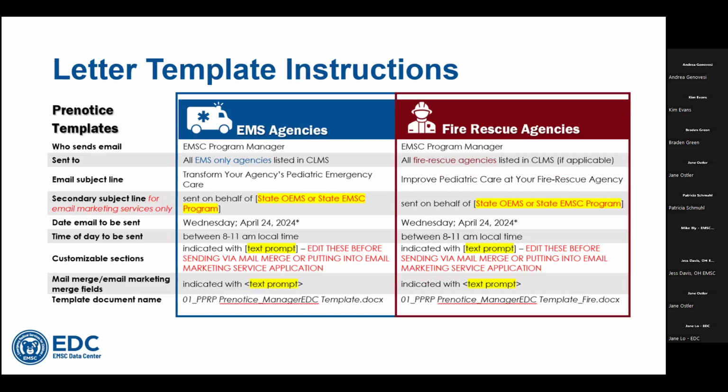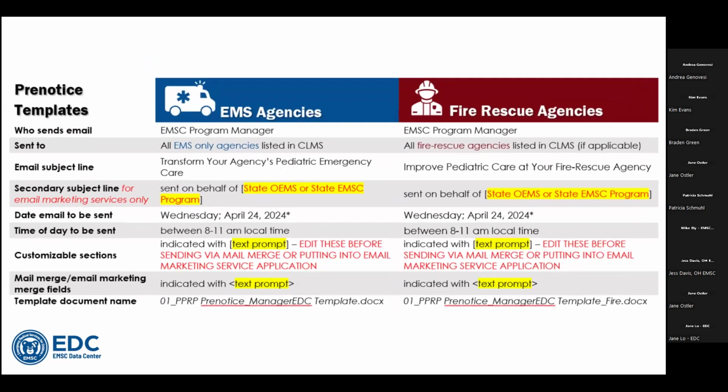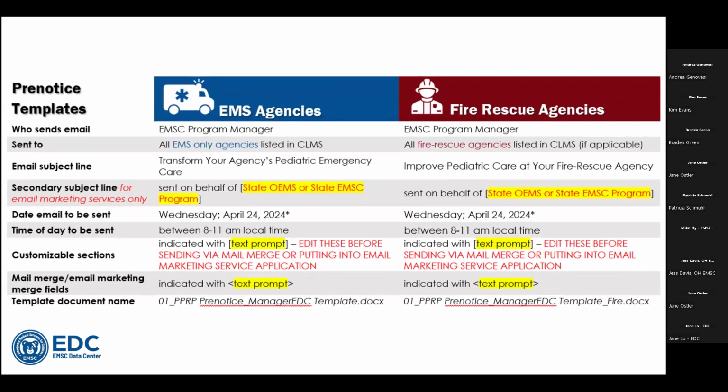And on the far right column, you can see there are different instructions for fire rescue agencies. So let's take a closer look. The first column on the left describes areas of the template, and the blue and red columns show how those areas should be addressed in the template for EMS agencies or fire rescue agencies.